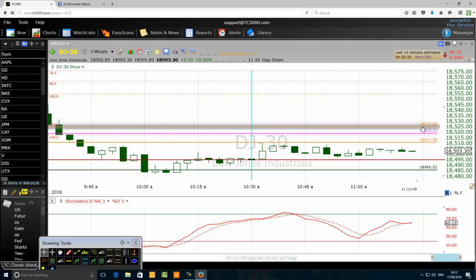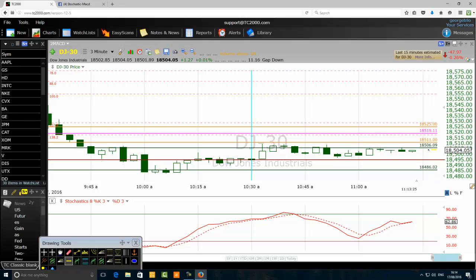My first trade is at 185.25. I will set my stop loss 25 pips below. I was thinking to use 30 pips, but because it's taking so long, I will use 25 pips, and I will set my profit target at 185.00.